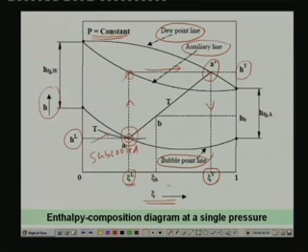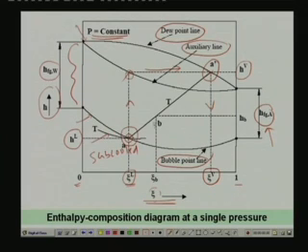And you can see that here I am varying the concentration from 0 to 1, that means from pure water to pure ammonia. So, obviously this difference, which is nothing but the enthalpy difference between saturated liquid and saturated vapor, is your latent heat of vaporization for pure water at this pressure. Similarly, at the other end, this distance gives you the latent heat of vaporization for ammonia at this particular pressure.